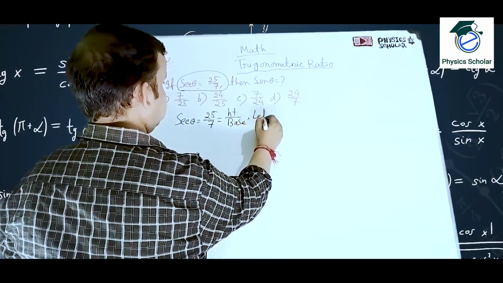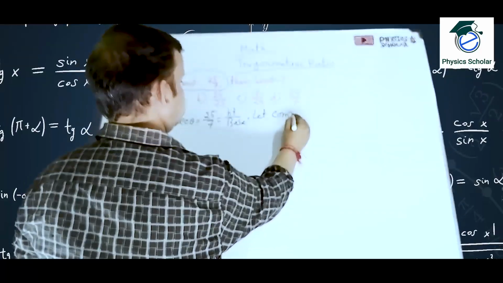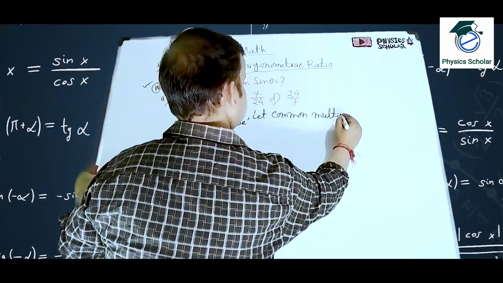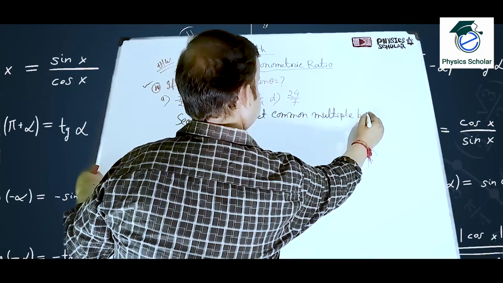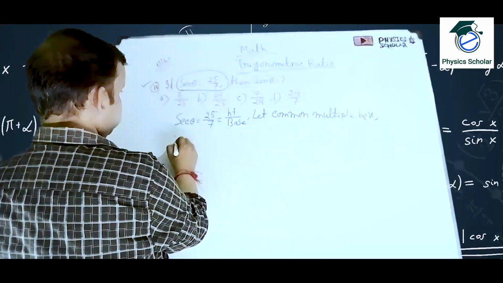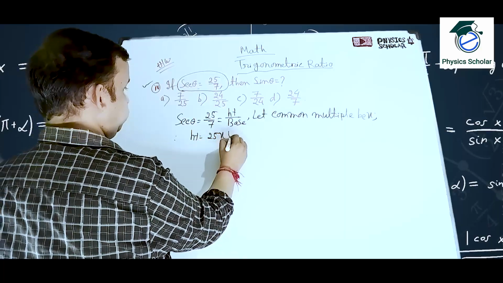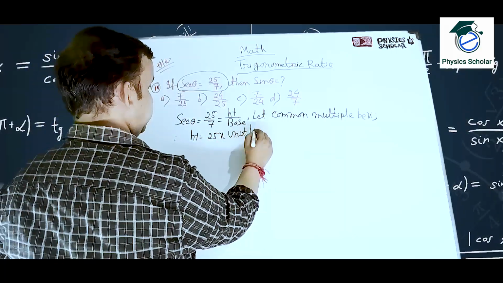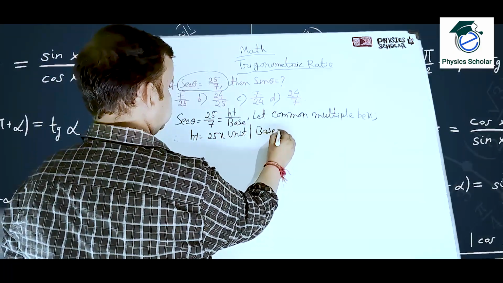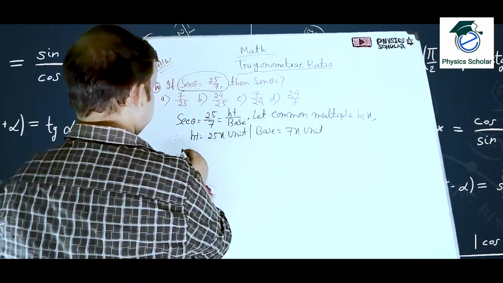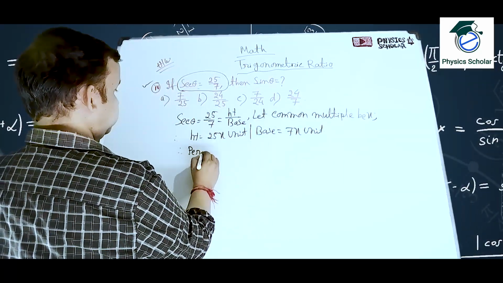Let the common multiple be x. Clear? So hypotenuse is equal to 25x unit and base is equal to 7x unit. So perpendicular is equal to what?